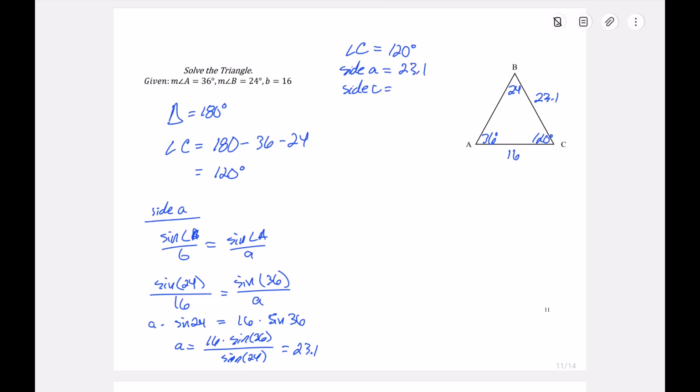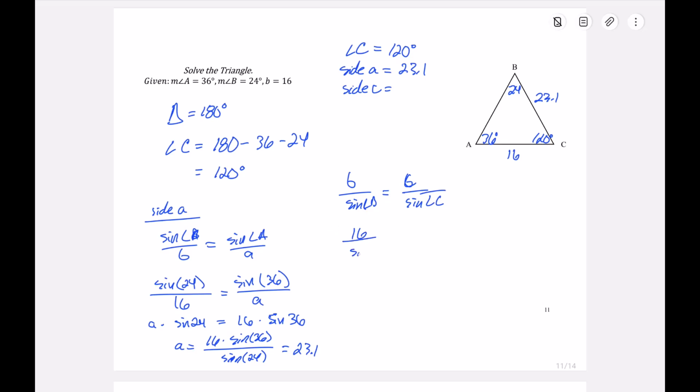Next, I would find side C. We could use the law of sines again, or we could use the law of cosines. It should give you the same answer. Using the law of sines, we have B over sine of angle B equal to C over sine of angle C. For angle B, it's 24, and for side B, it is 16.